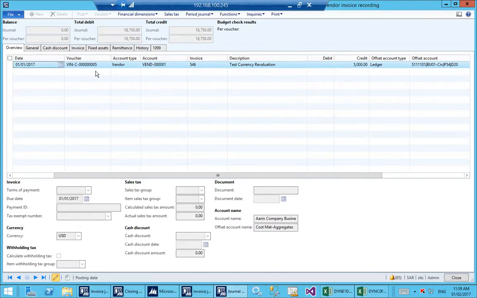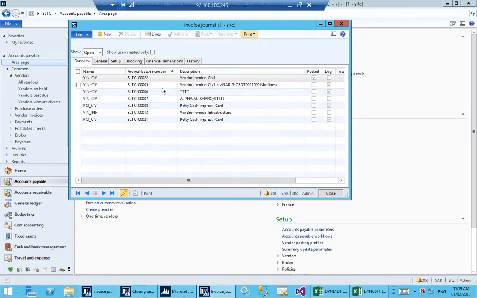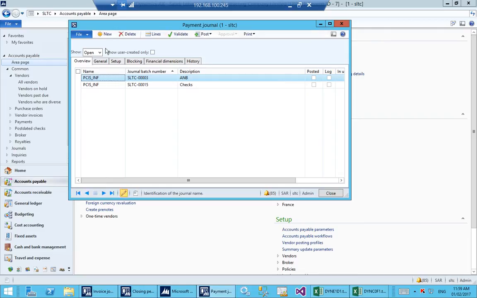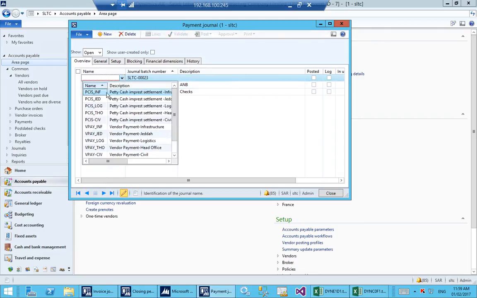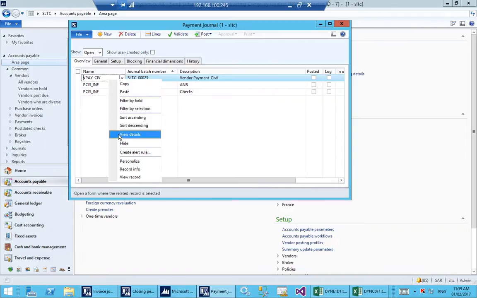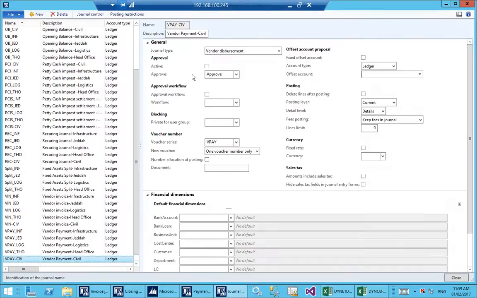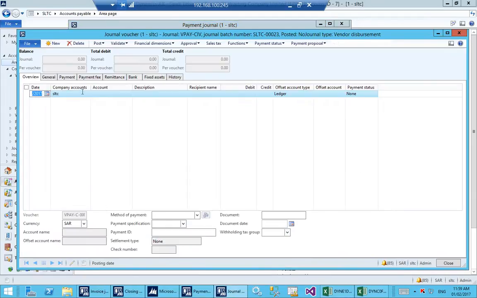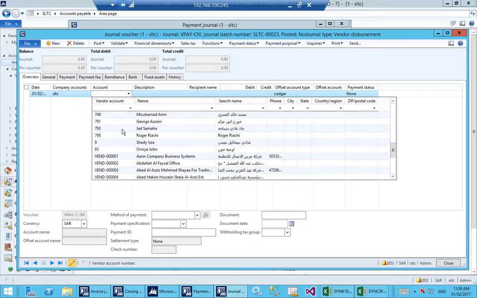Okay, I will make the payment for the vendor in a different rate. New vendor payment civil. Okay, lines. This is a vendor account.